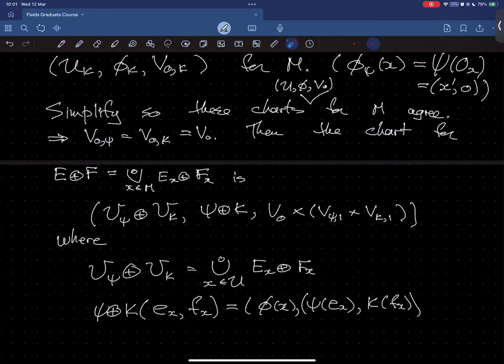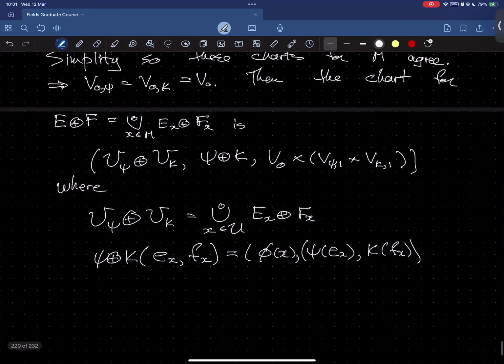You see some similarities here with the product, and there's a specific similarity that we're going to talk about, because the fibers are the products of the fibers, or again, sums or products, it's all the same. I'm using sum here to distinguish it from the product that I talked about before. So that's how you build the vector bundle charts.